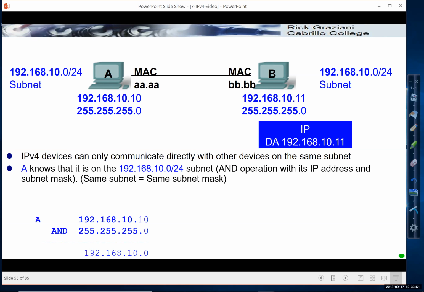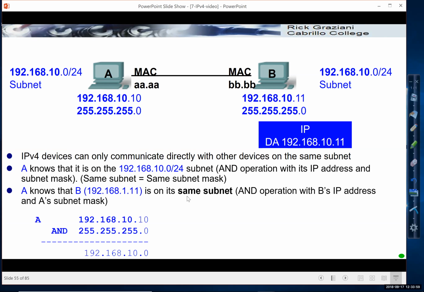It says, you know what? If you and I are on the same IPv4 network, then we have the same mask. So I'm going to do this. I'm going to take your IP address, the destination IPv4 address, and use my mask, the mask of A, 255.255.255.0, do the AND operation on it, and compare that to my network address.